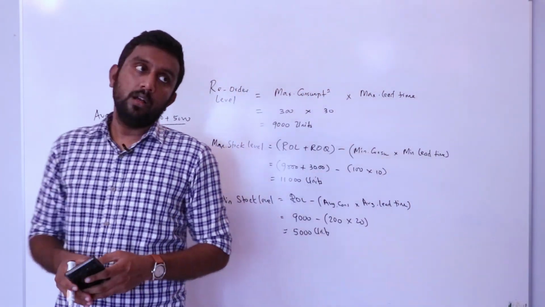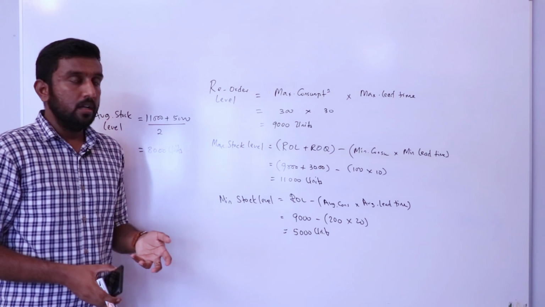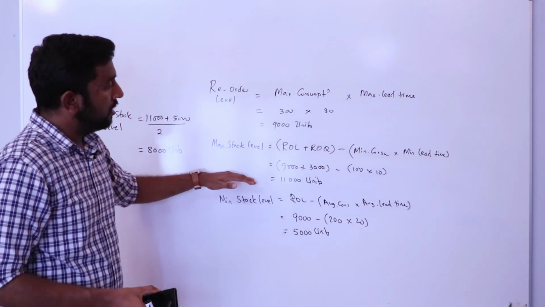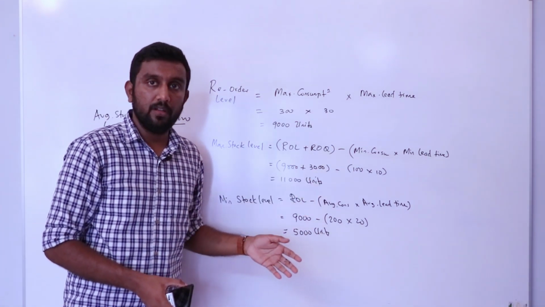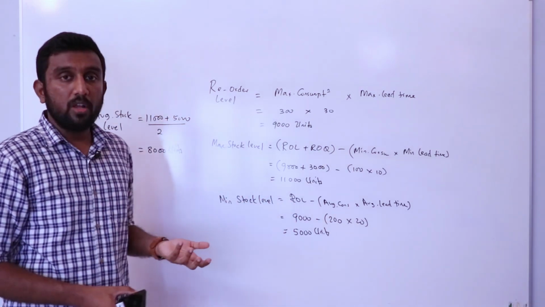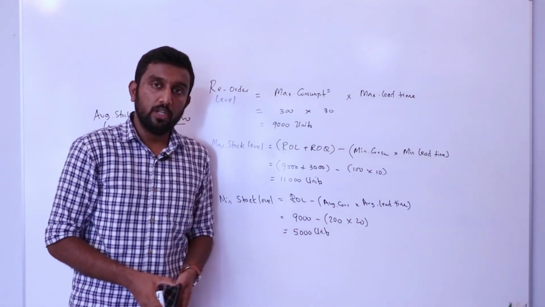There is another thing which you should understand, like what will happen if it reaches or passes the maximum level, and if the stock level goes below the minimum stock level, what will happen?